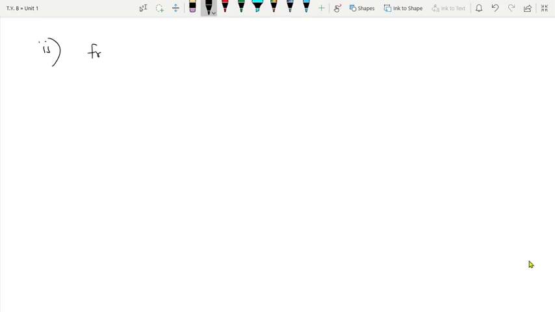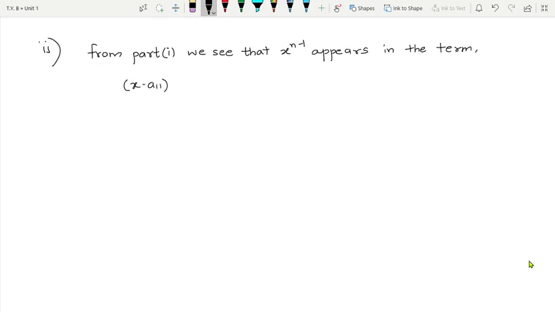from part 1 we see that x raised to n minus 1 appears in x minus a11, x minus a22, x minus a33, and this will be continued up to x minus ann. Now let us solve it. So first of all, I'll take the product of the first two terms.